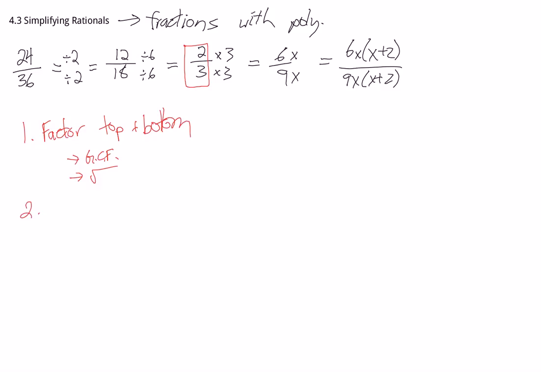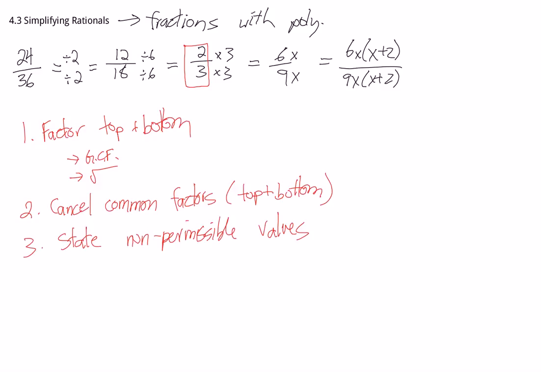And then once you're done factoring, you'll cancel any of the common factors that are on the top and the bottom. So if you have anything on the top and bottom that's the same, you'll cancel those out. And then the last step is to state non-permissible values. For every question that we do, you always have to do non-permissible values.